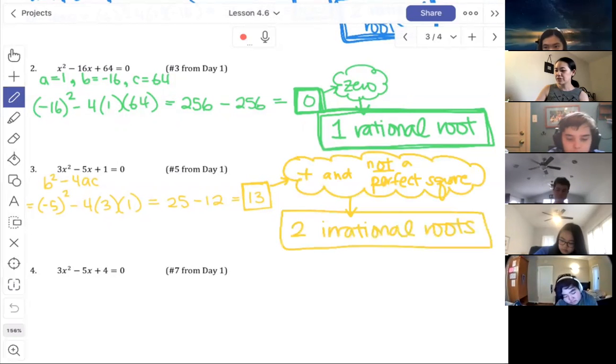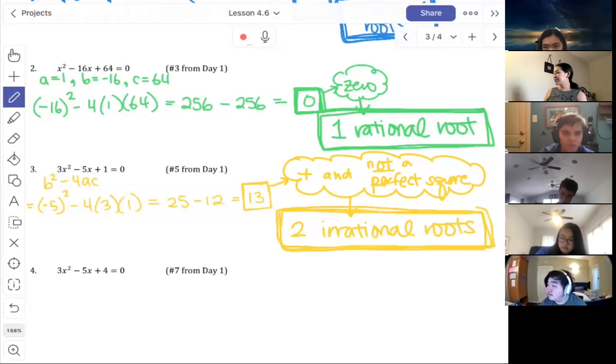So that's like example 5 in the notes from the day before. We ended up with a rad 13, and because of that rad 13, it didn't simplify nicely, and we ended up with 5 plus or minus rad 13 over 6. So that's 2 irrational roots. All right, good job, Summer.